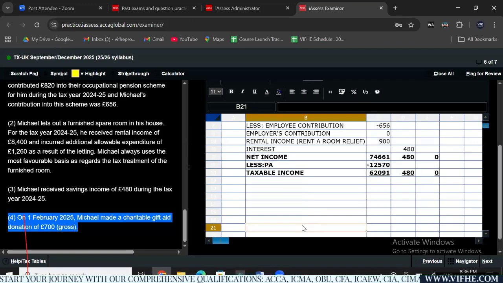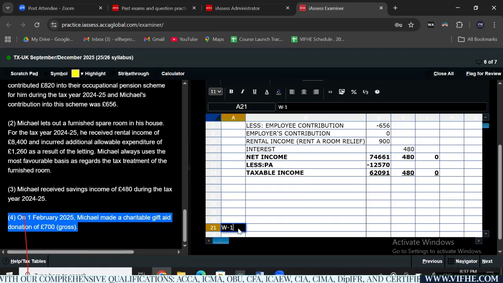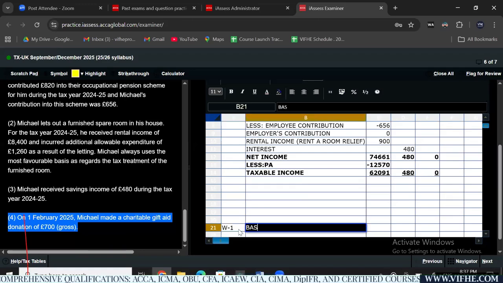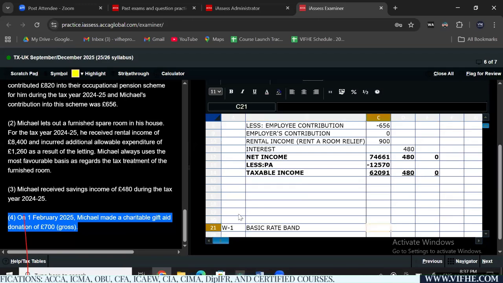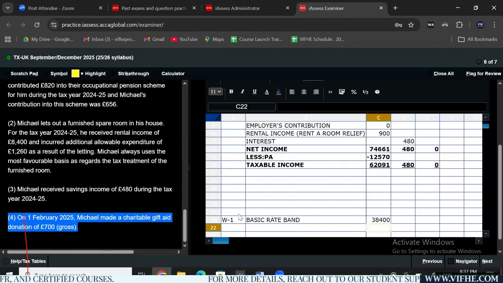Okay, and I'm just going to calculate my tax liability, but don't forget, this is the first working that I'm going to do. The basic rate band is going to be changed. Though the basic rate band accommodates £37,700 normally, here £700 being the gross amount of gifted donation shall be added into it as well. So the basic rate band will become 38400, and high rate band usually comes to an end on 125140, but 700 is also going to be added into it.